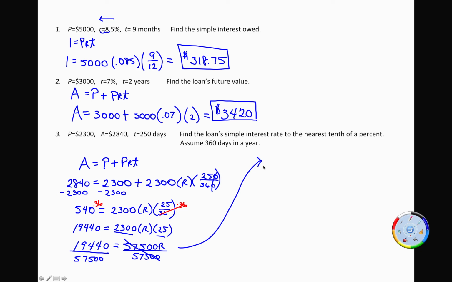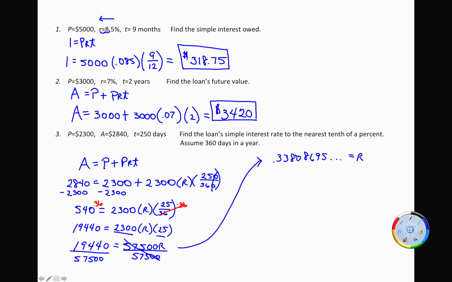So 19,440 divided by 57,500 is 0.338086958695 dot equals R.